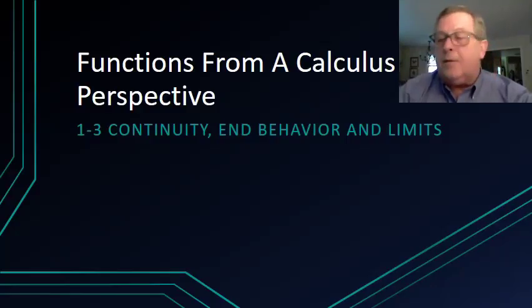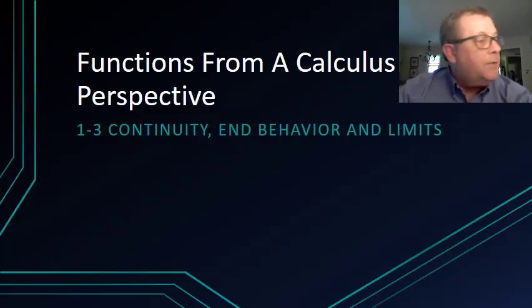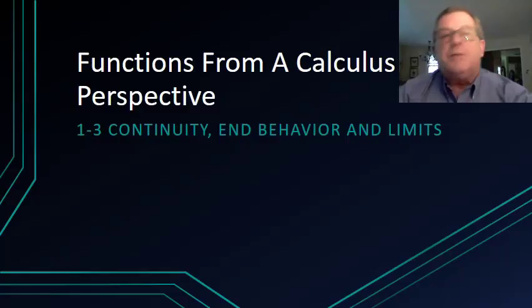Basically what the intermediate value theorem says is that if a function is continuous, and we've got a value of x that is on the graph, then other values of x will also be on the graph because the function is continuous. Now there's a corollary to that, which is called the location principle.